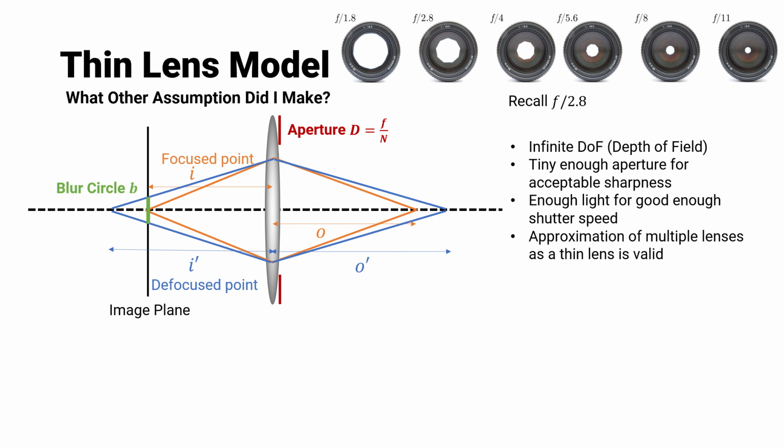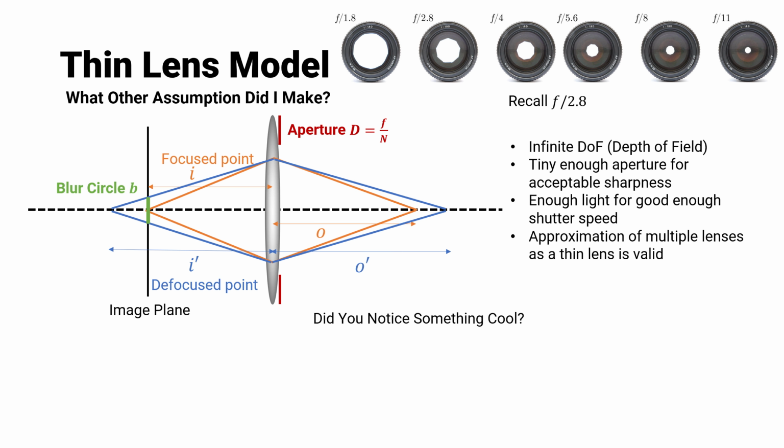Also, this is the thin lens model which we used in tandem with the pinhole model. That's how we got basically infinite depth of field. We got a super small aperture for perfect sharpness, and remember, with a pinhole sort of model where the aperture is really small, you need a lot of light. We assume that there's a lot of light. And technically you have multiple lenses in a lens assembly, but we assume that it can be modeled beautifully with a single lens.